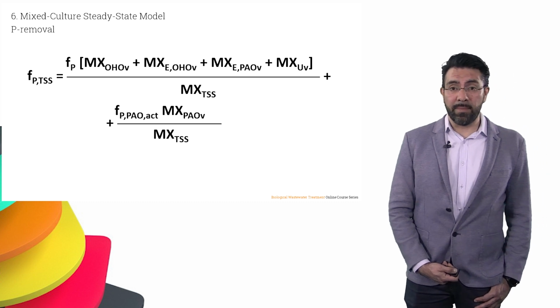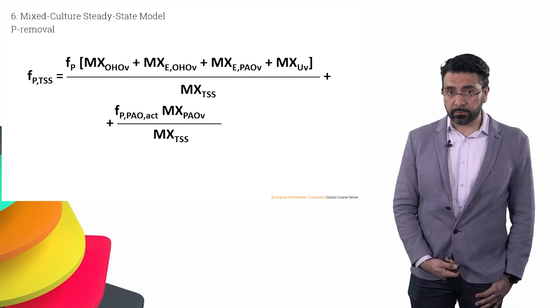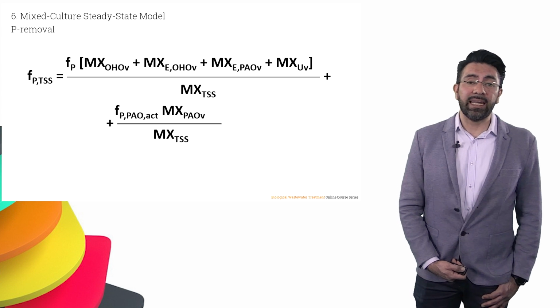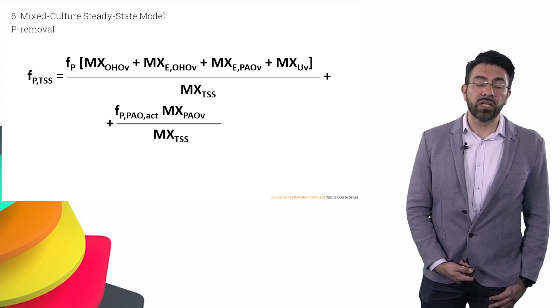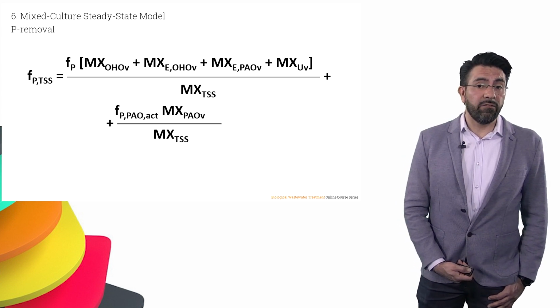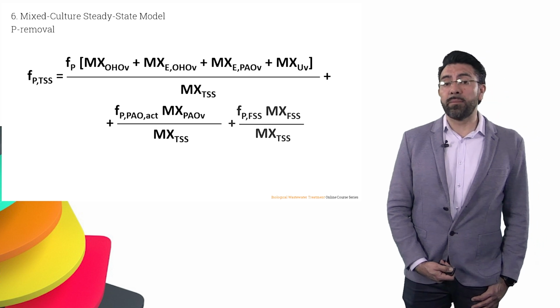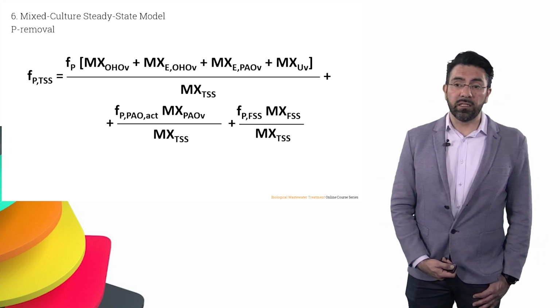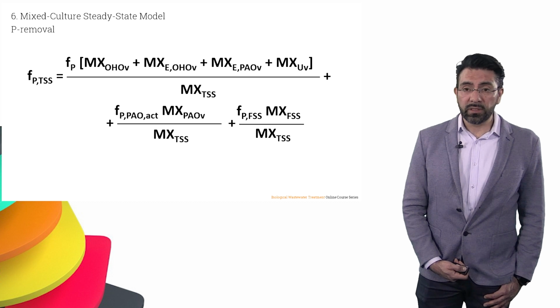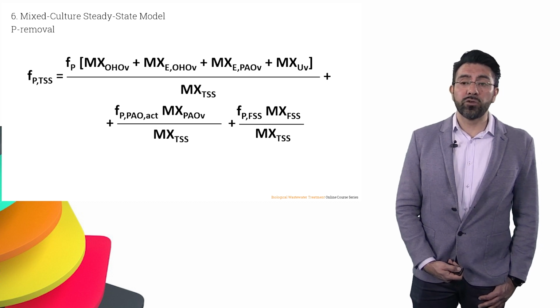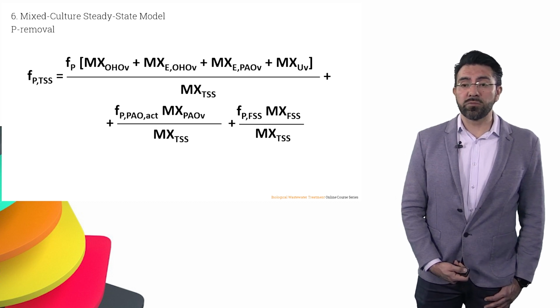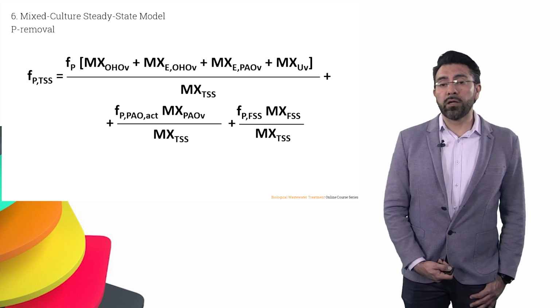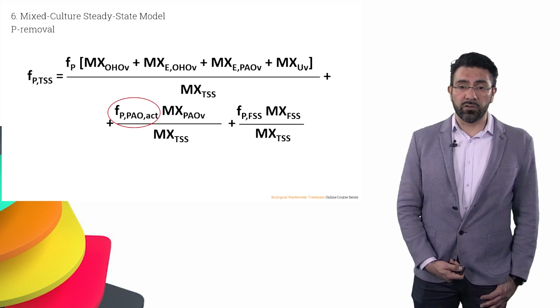Both terms are divided by the mass of total suspended solids, and this will help us in estimating the fraction of phosphorus in the VSS. We still need to add the amount of phosphorus that is present in the fixed suspended solids. We do that by considering the fraction that the fixed suspended solids can contribute, with all the terms divided by the total mass of suspended solids.